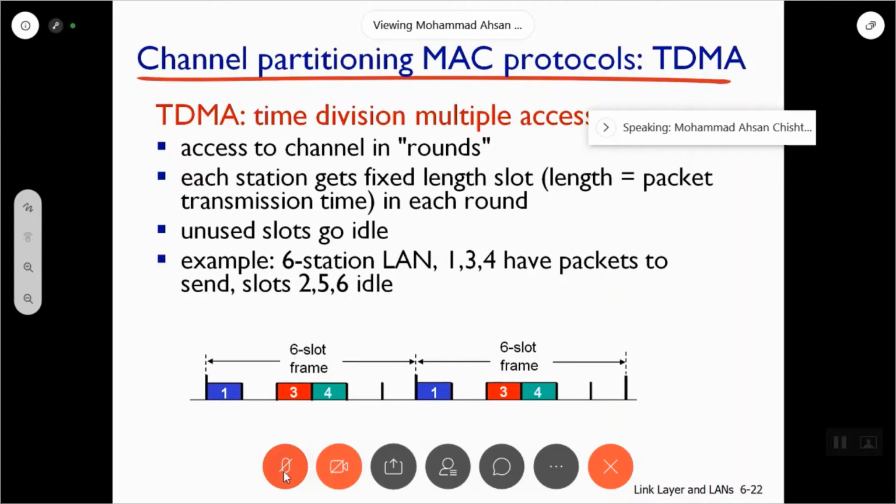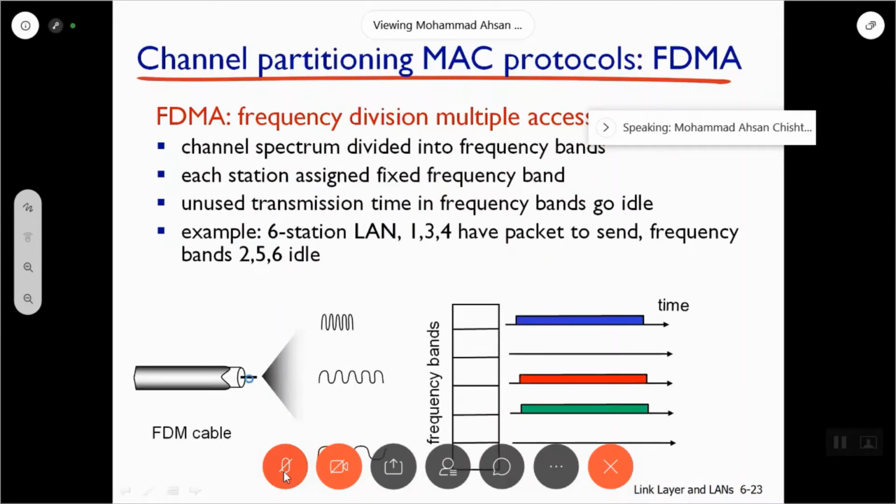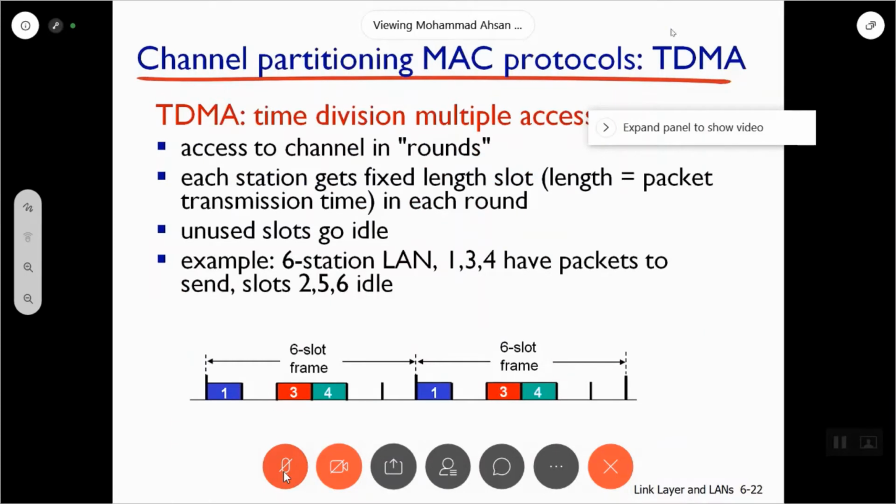It gets the full transmission rate. If you can see in the figure here, the blue one gets a time slot.